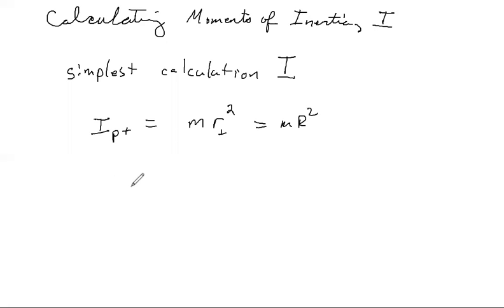The next simplest situation is if we have an axis of rotation. I'm going to put it right down, in green here. Axis of rotation. And then I'm going to imagine that I have a rigid rod.